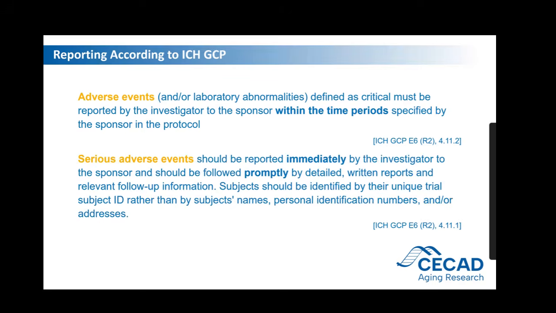The serious adverse events have to be reported immediately by the investigator to the sponsor and should be followed promptly by written reports and follow-up information. So no matter if you have all the information at hand right away, you can just provide your first report within the given timelines to the sponsor and later on provide a follow-up.